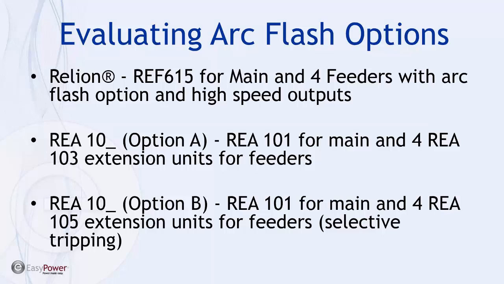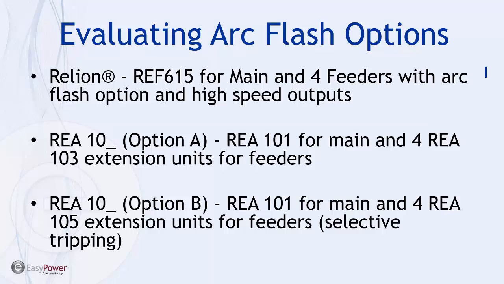The other scenario, option A, is we want to use the REA arc flash system with the 4 REA 103 zone extension units, and option B would be to use the REA arc flash system with the REA 105 extension units, which provides feeder selectivity.